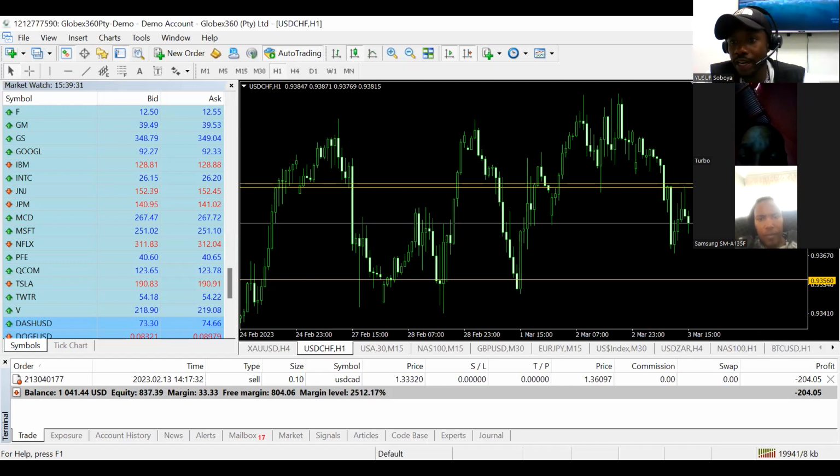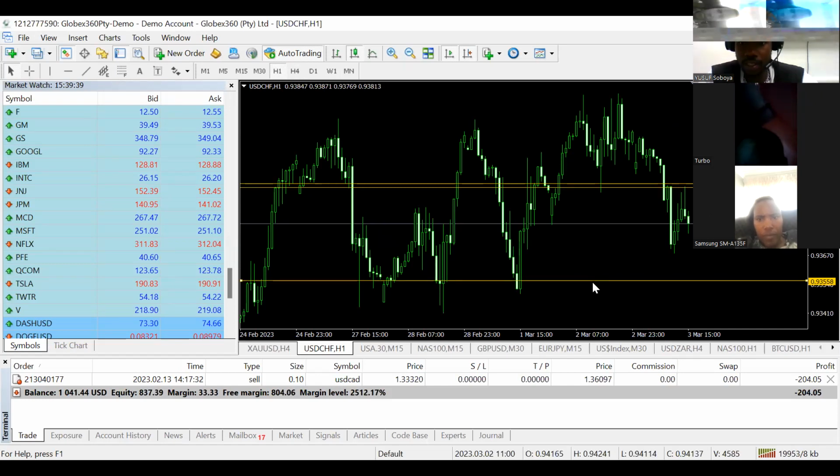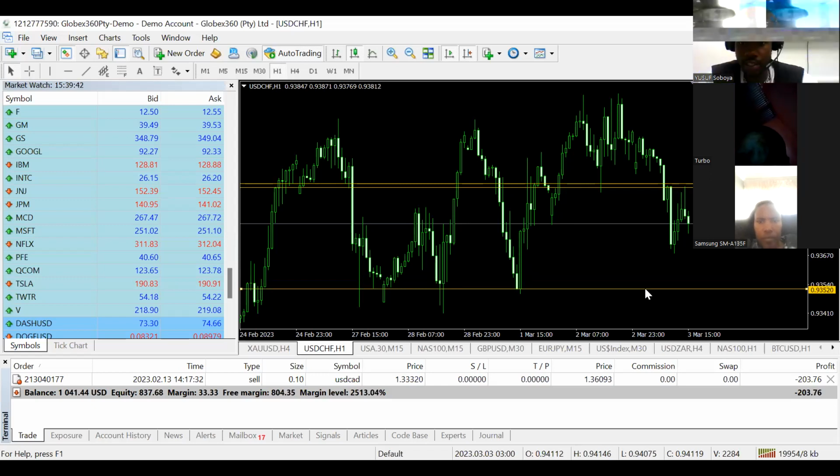Stop level 0.9399. Target level 0.9356. So you can see, even by just putting all these lines, you can see how many times it bounced. 1, 2, 3, 4 times. It actually means it's a confirmation that the market will go to this position. Definitely the market will drop all the way to this position.